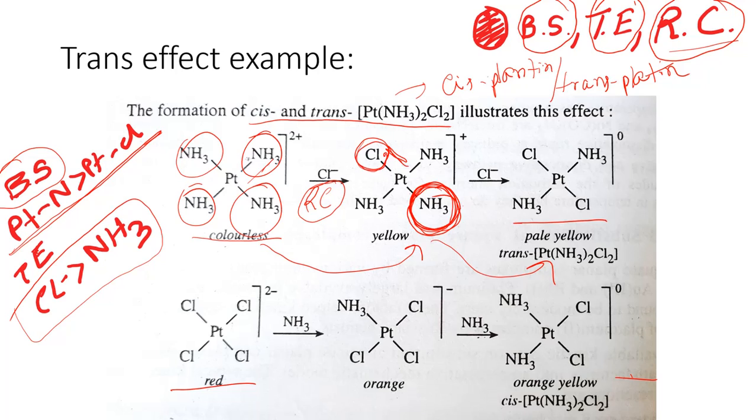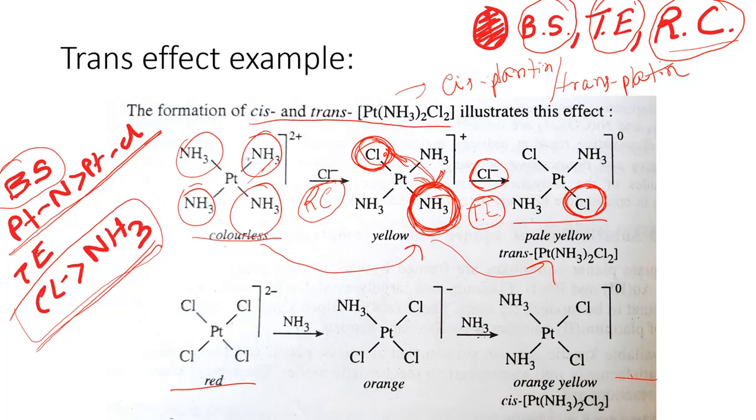The trans effect of Cl- is greater than NH3, so this chlorine tries to release this NH3 through the trans effect. This is happening because the chlorine is coming in the place of NH3. So this step is being favored through the trans effect.